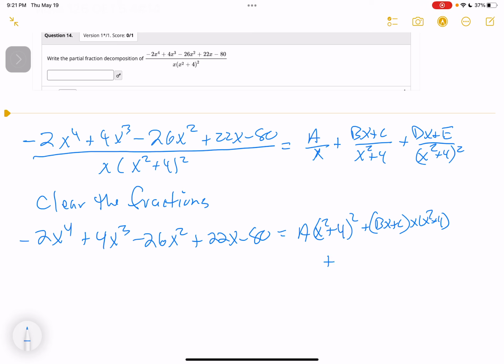And we have our plus Dx plus E times, all that's left is an x.